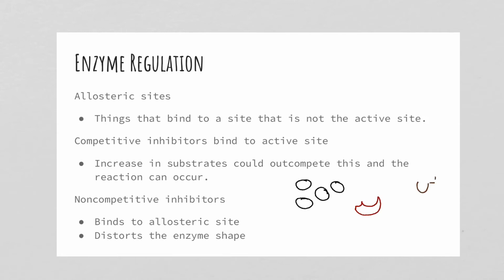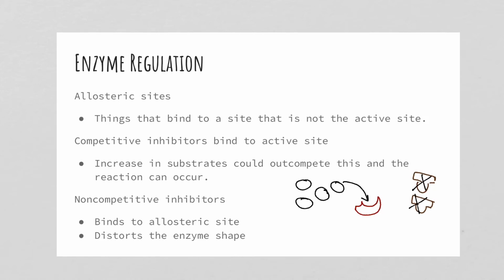That's circular but has a weird shape to it. What's interesting with competitive inhibitors is that the more substrate you have, the more chance that that's going to fit into the enzyme and block out your competitive inhibitors. So you can actually avoid or change the effect of a competitive inhibitor by adding more substrate, and you're going to change the outcome of the reaction, whether it can occur or not.